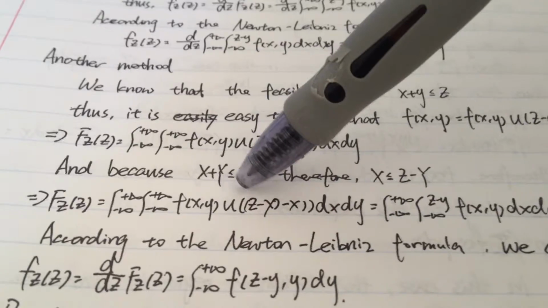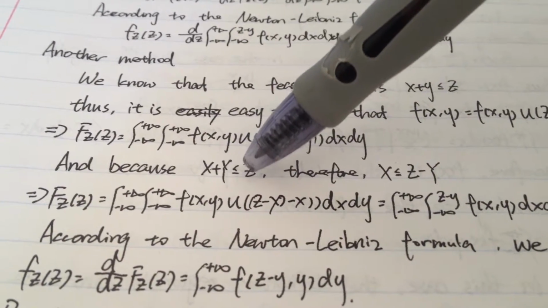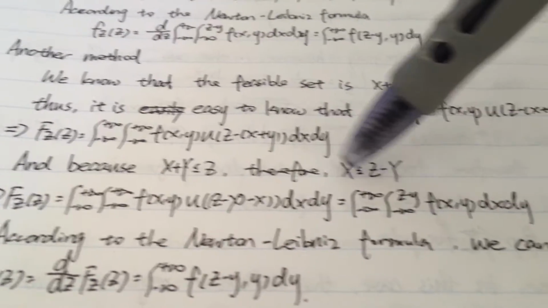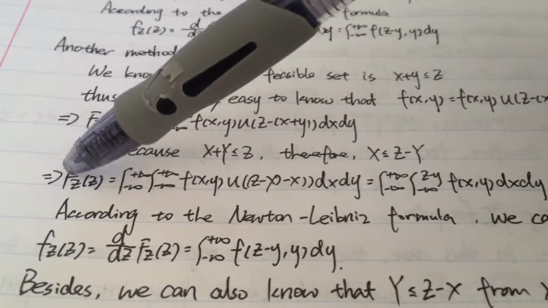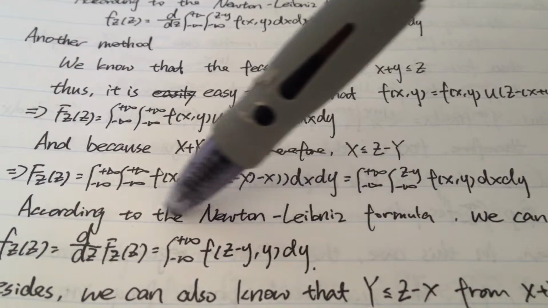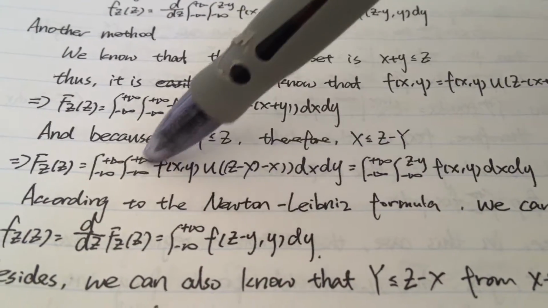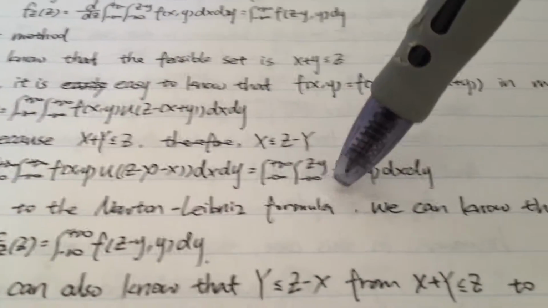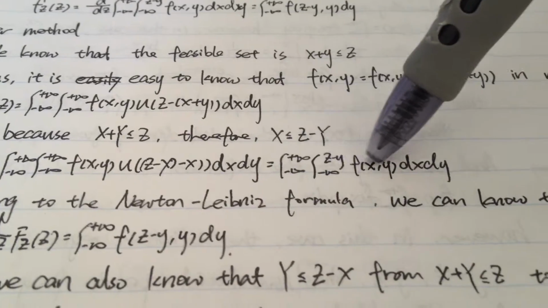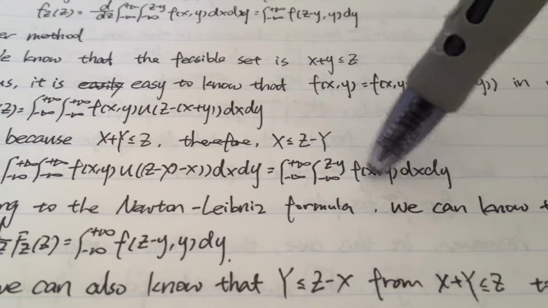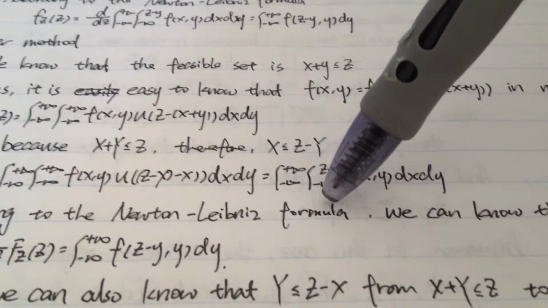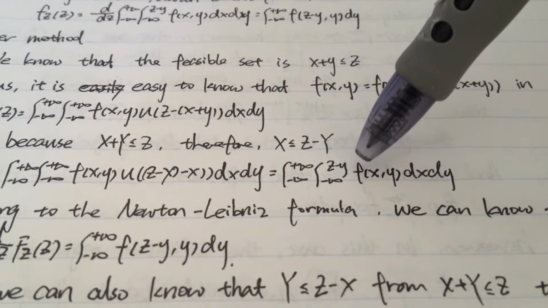And because x plus y is less than z, x is less than z minus y, so this part is equal to this one, because x is from minus infinity to z minus y.